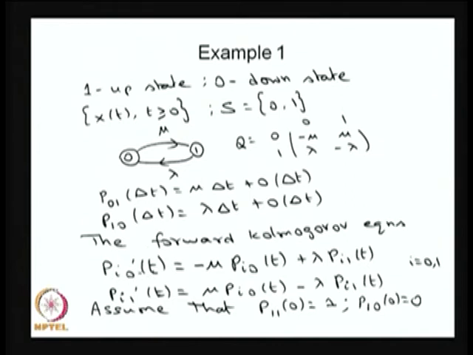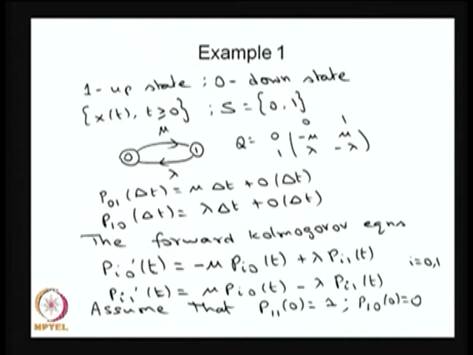So, P_i0 dash of t is nothing but the net rate of being in the system in state 0 at time t, given that it was in state i at time 0. That net rate is the same as inflow minus outflow with the corresponding rates.